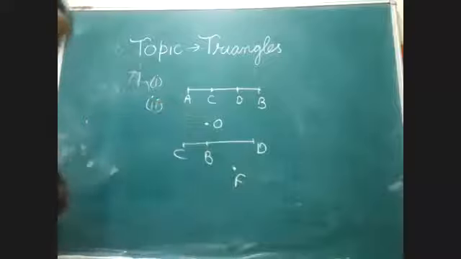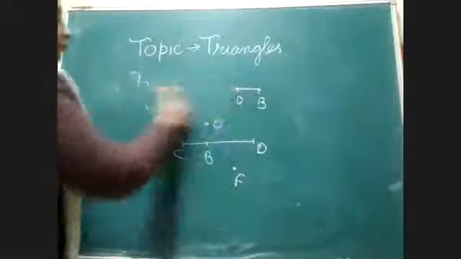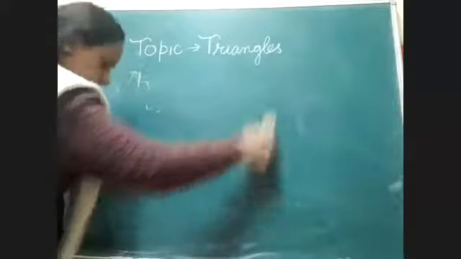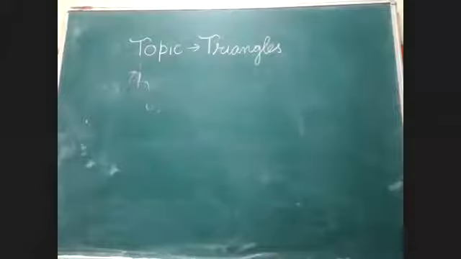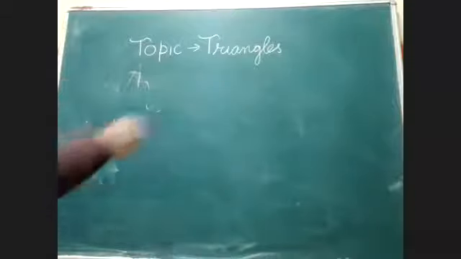Clear, friends? Next is triangle. What is a triangle? A closed figure bounded by three line segments is known as a triangle.